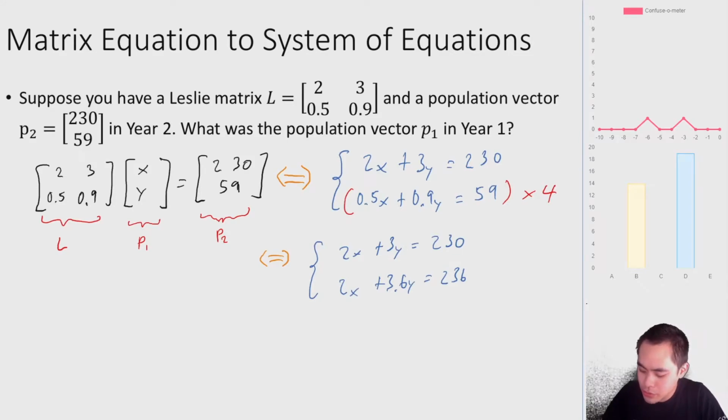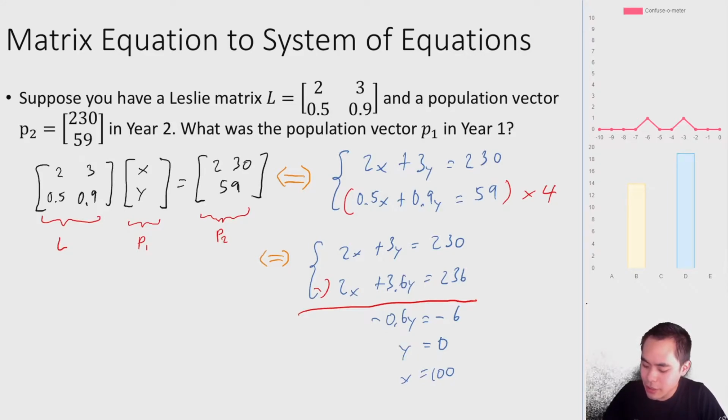And then you're just going to subtract one equation from the other, and that's going to give us minus 0.6y is equal to minus 6, and so therefore y is equal to 10. And therefore x is equal to 100 by substituting back in.